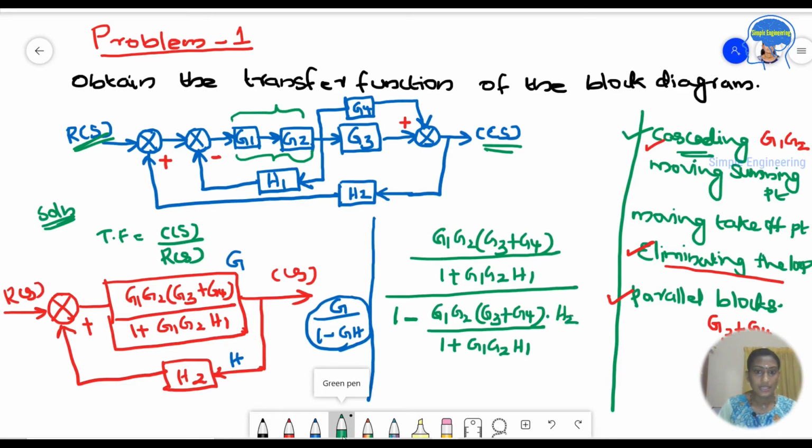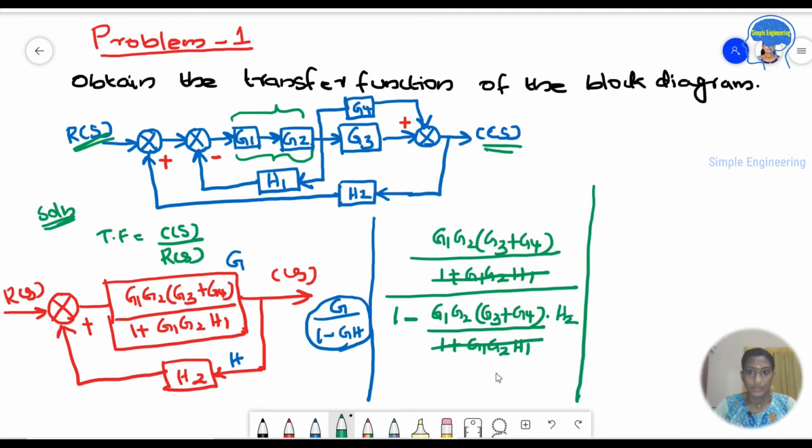So this is the solution for this one, G by 1 plus GH. This we have to solve. This denominator and this denominator will get cancelled. So you will get G1 G2 into G3 plus G4 divided by 1 minus this.